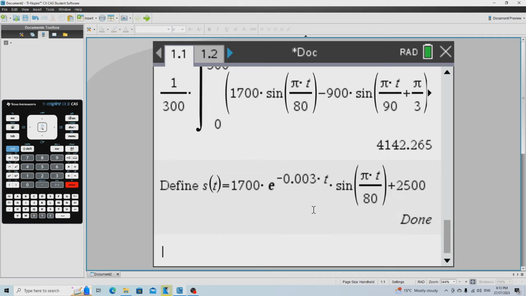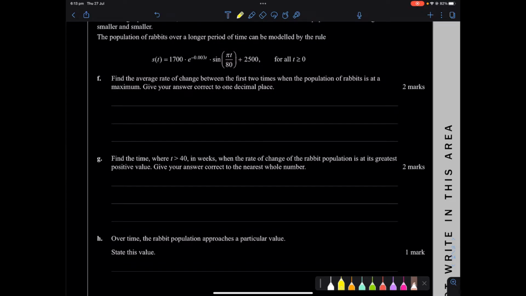Okay, so we get this, and we want to first find the average rate of change between the first 2 times when the population of the rabbits is at its maximum. So at maximum, find the rate of change between the first 2 points when the population of rabbits is at maximum.